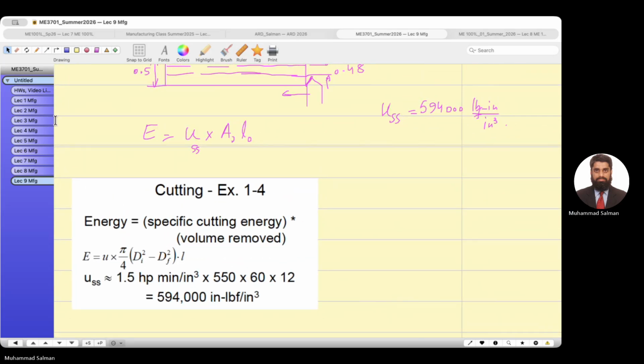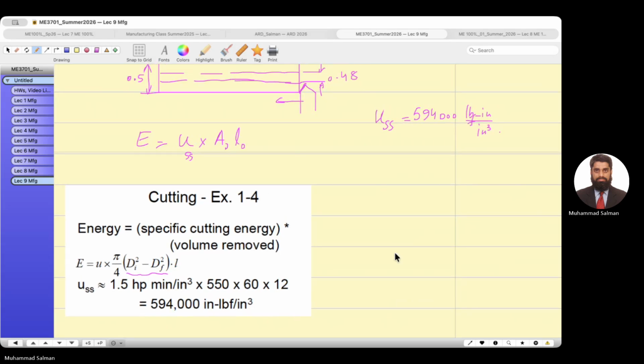And this much, initial minus final area times L. Energy equals 594,000 times pi by 4 d initial square times the length.